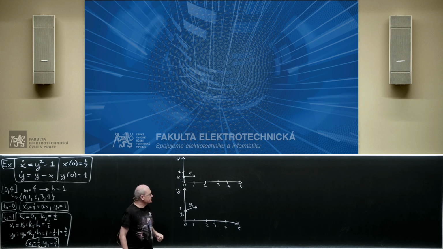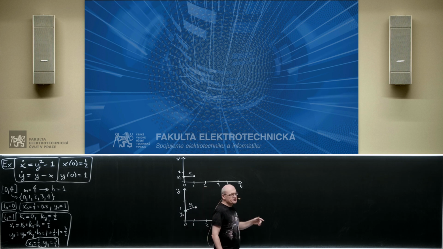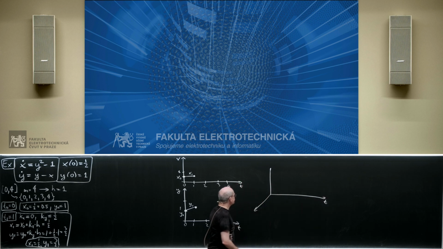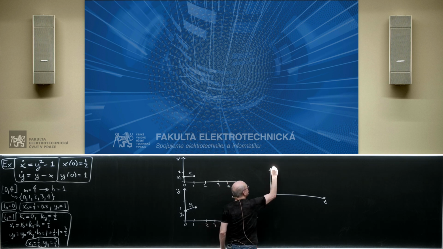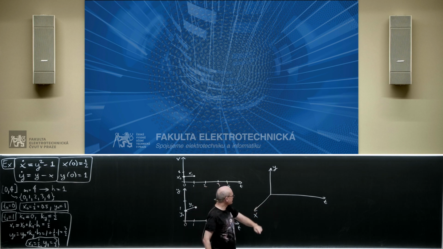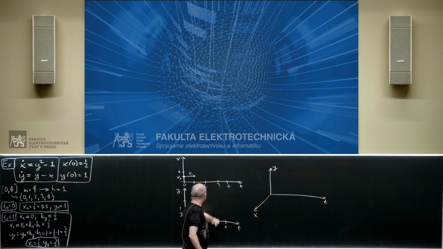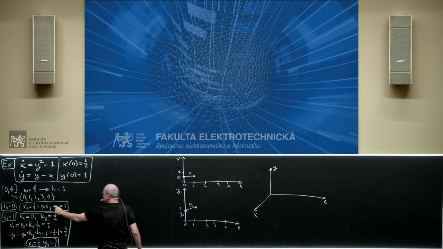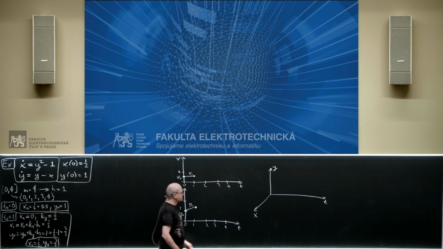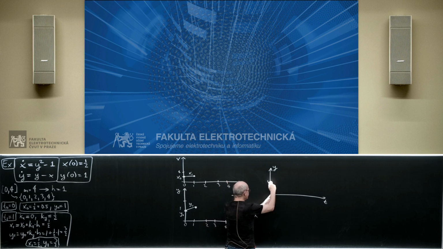Okay, that's one thing that we know how to do. Another thing, well, I'm not sure I know how to do it, but let's think about it. What is the graph of this solution as a vector function? At time 0, here is the x-axis, here is the y-axis. The x-axis is pointing towards you, perpendicular to the blackboard, but I cannot draw in 3D. Now, the coordinates of this point, if I see it as a parametric curve, are 0.5 and 1. So let me choose 1 somewhere here, and then it goes here.